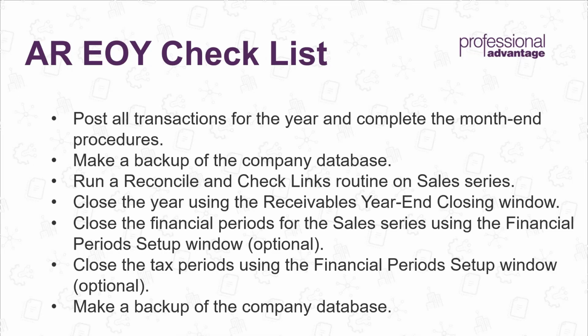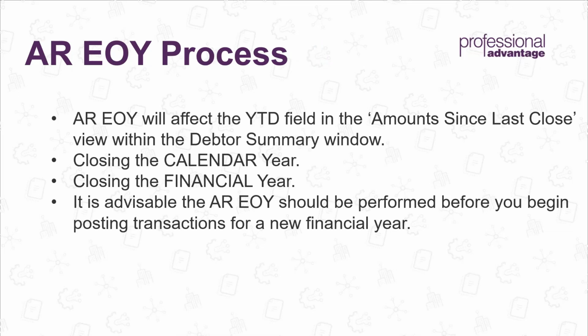We can also then close the tax period using the financial period setup window. Again, that's optional. After all that, we can then make another company database backup. So what's actually happening in GP as part of the AR end of year process? Those are the things that I would like to highlight so that you can understand what year-end does in the AR module.